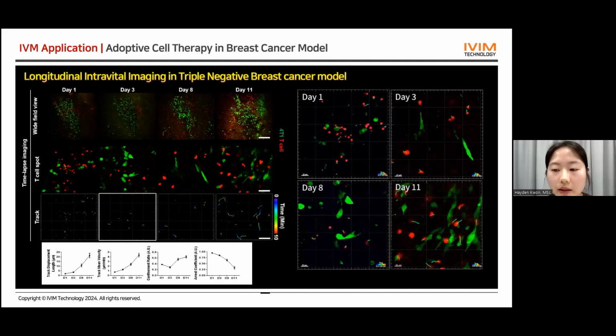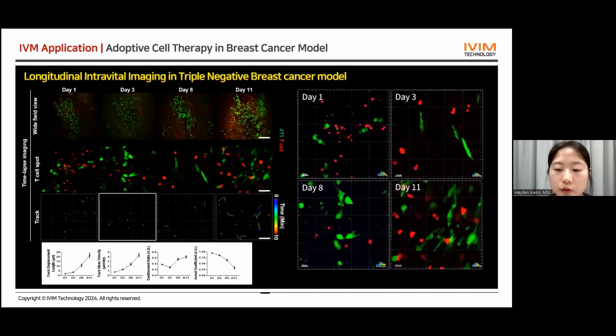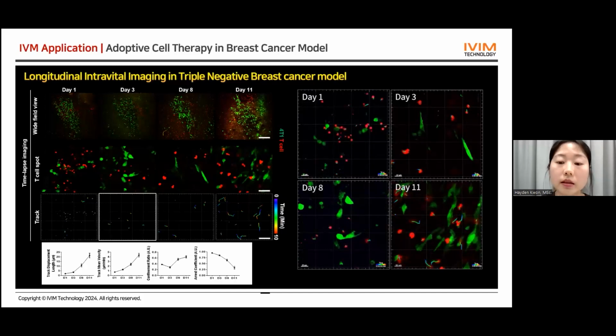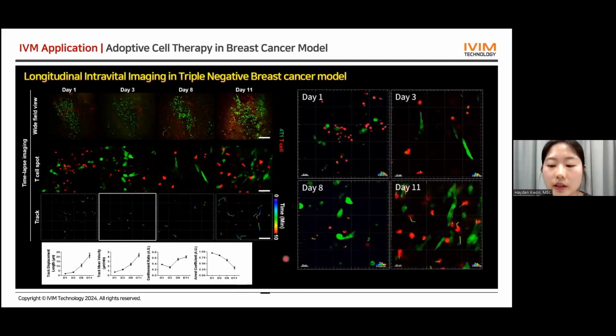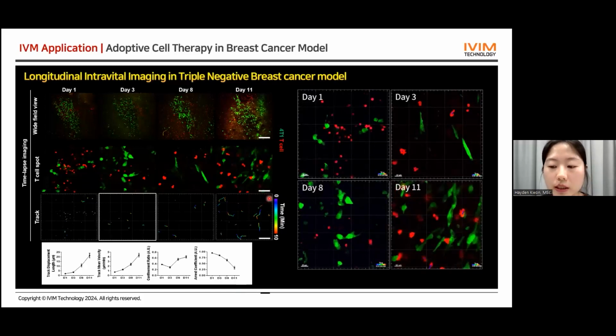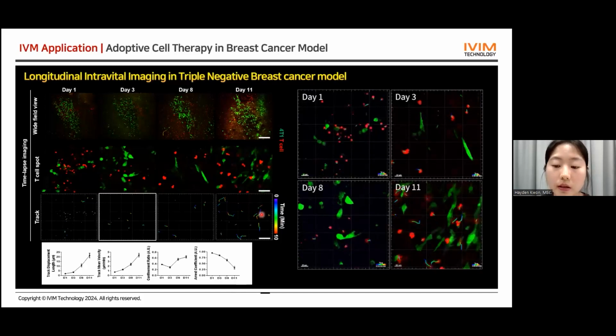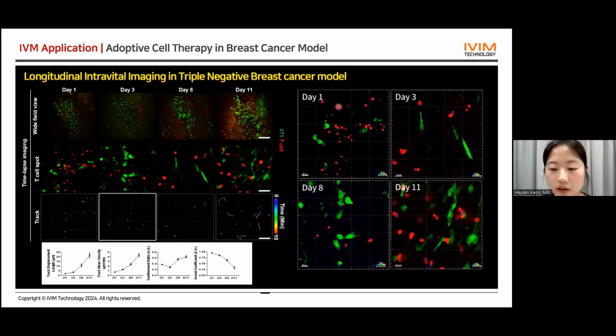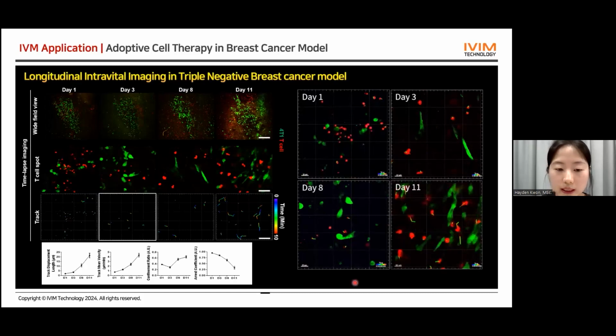Subsequently, we tracked and observed the activation of tumor-infiltrating lymphocytes using in vivo microscopy on day 1, 3, 8, and 11. As a result, as shown in the left images, we were able to visualize the activity of tumor-infiltrating lymphocytes for each day. Additionally, through time-lapse imaging on each day, as shown in the right video, we were able to track the infiltration of tumor-infiltrating lymphocytes.